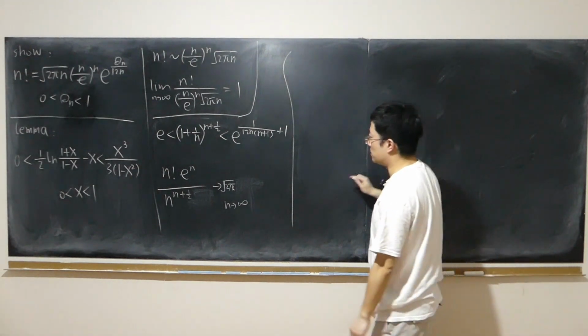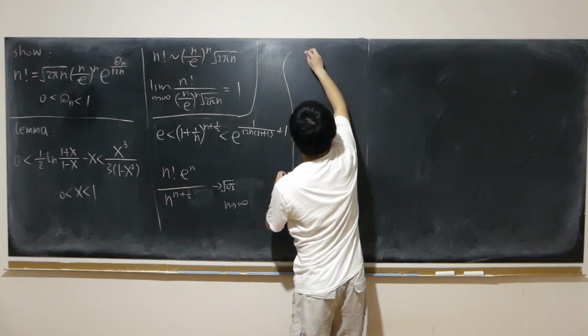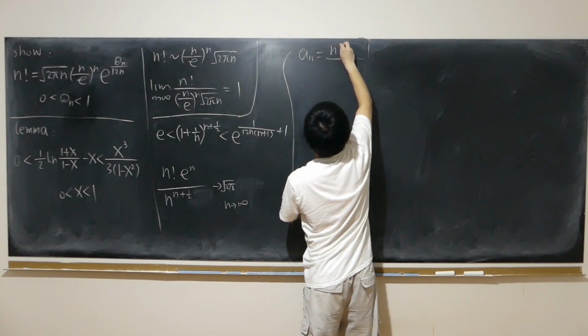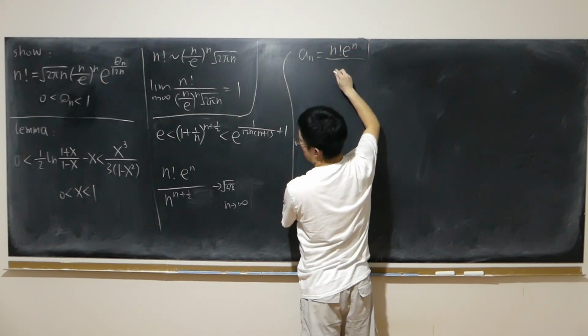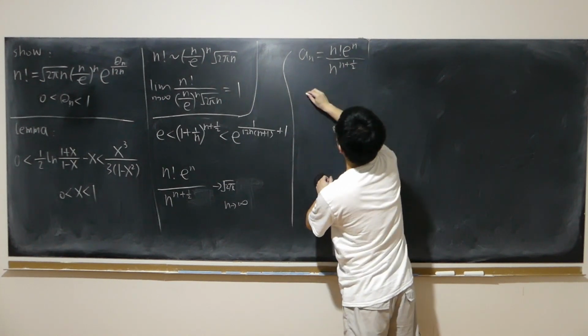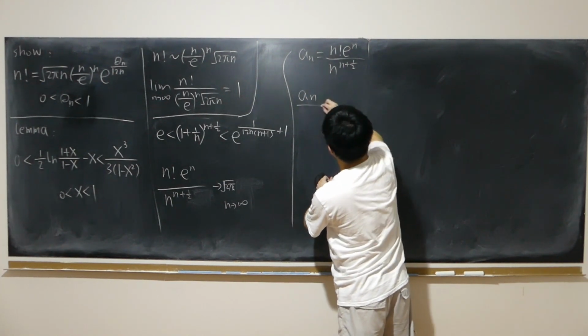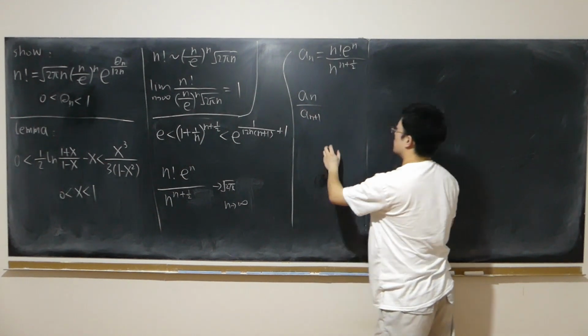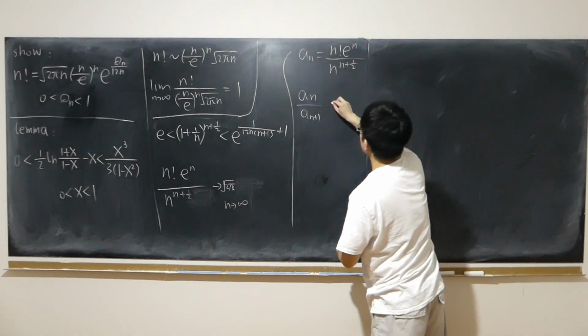So that motivates me to come up with this sequence, n factorial e to the power of n over n to the power of n plus half. Then I can work out the ratio between an and an plus 1 to determine if the sequence is increasing or decreasing.